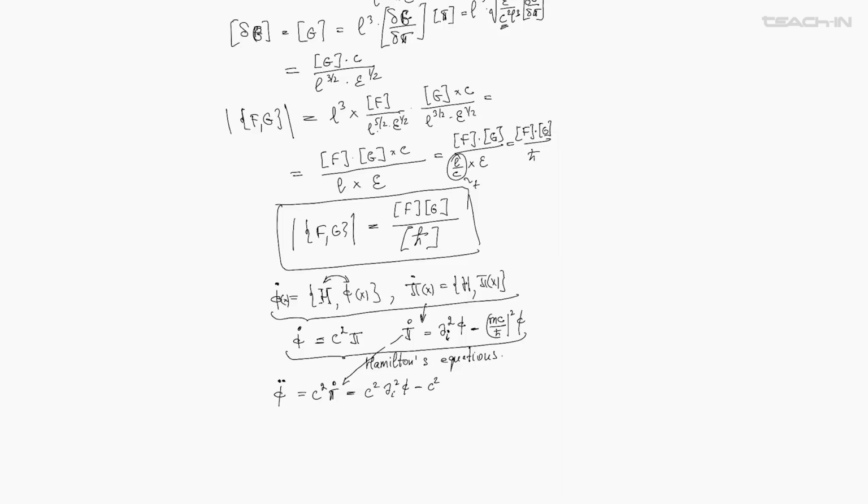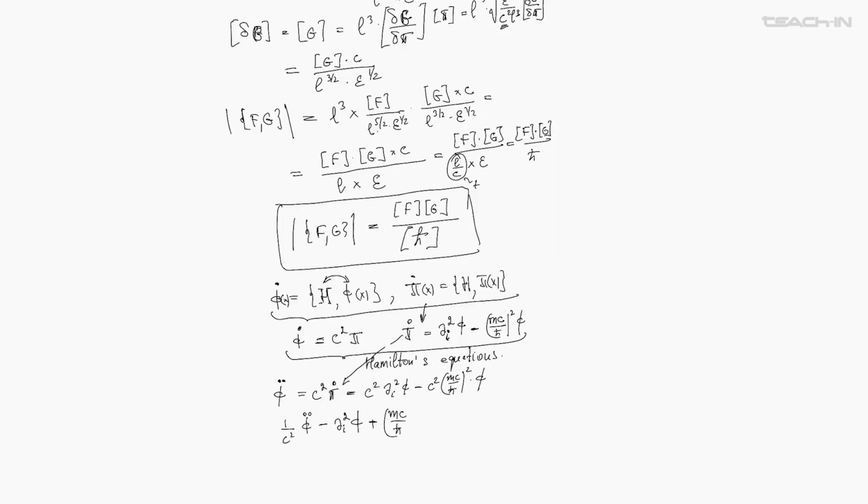And if I now divide both sides by c squared and bring everything to the left-hand side, I will get 1 over c squared phi double dot minus the sum of second spatial derivatives of phi plus (mc over h bar) squared multiplied by phi equals 0.